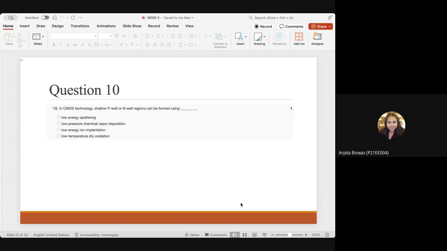Next, question number 10. In CMOS technology, shallow P-well and N-well regions can be formed using low energy sputtering, low pressure chemical vapor deposition, low energy ion implantation, or low temperature dry oxidation.